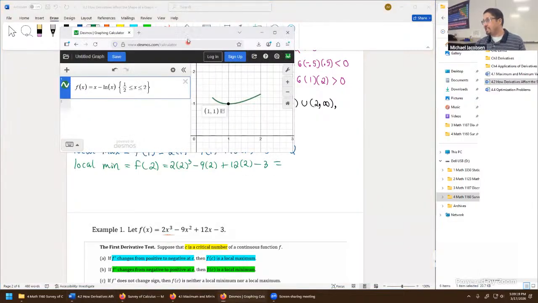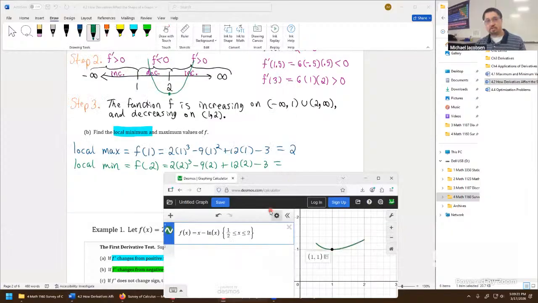If you're doing this as an exam problem, no harm just throwing that to the calculator. Definitely putting this on paper first is good for partial credit, just in case we make any mistakes here. But 2 times 2 cubed minus 9 times 2, which is 18, plus 24 minus 3. Let me make sure I did that right. 24 minus 3 gives us a value of 19 altogether.